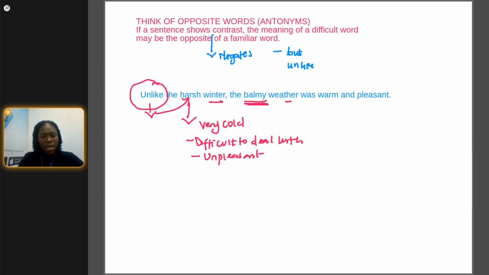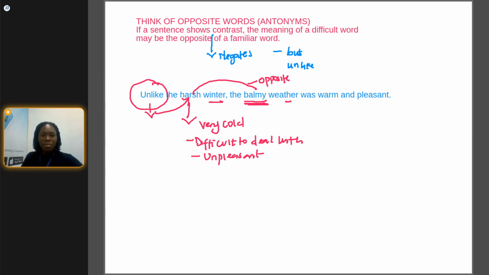So it means that the word we are looking for the meaning or the synonym of will mean the opposite of this. We've been able to determine harsh winter.